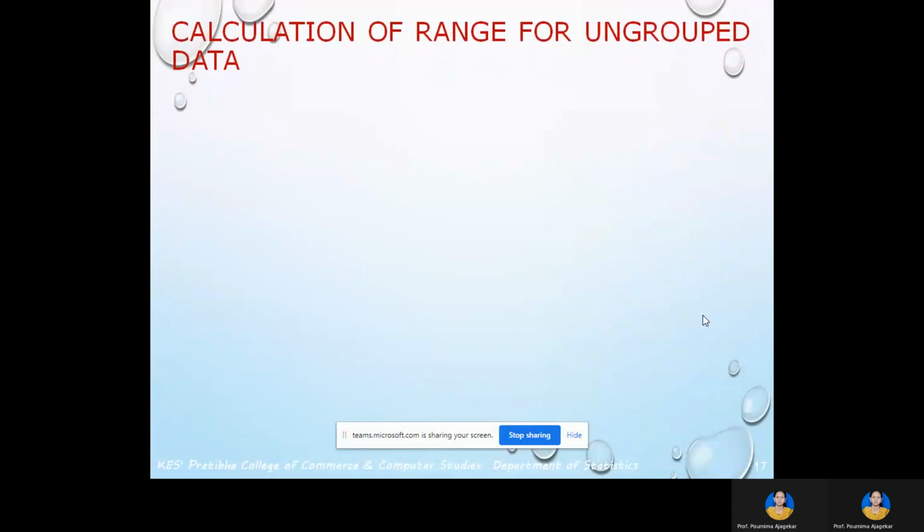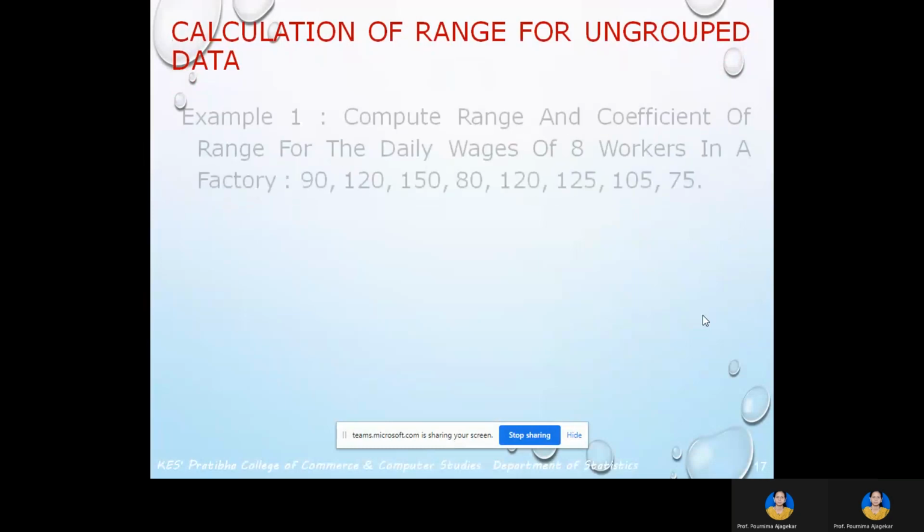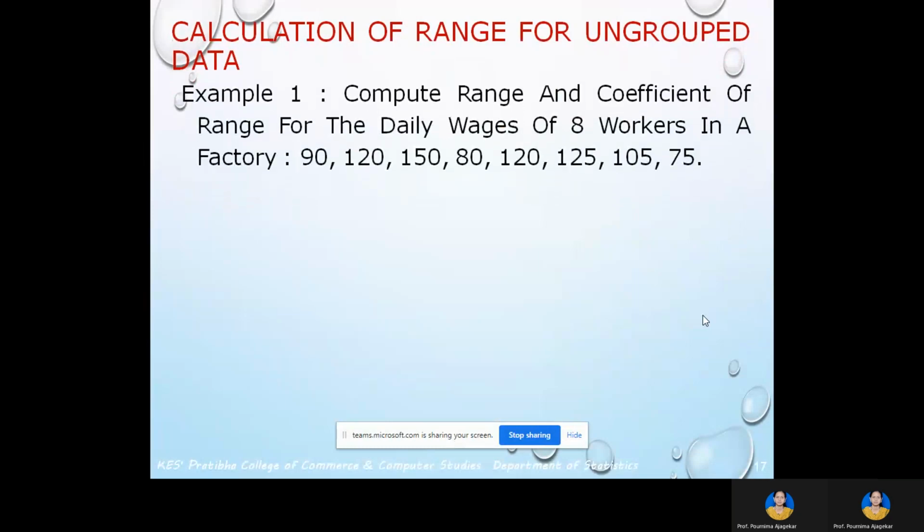Now we will see how to calculate this range for different types of data. Firstly, we will calculate the range for ungrouped data. So consider the example. Compute range and coefficient of range for the daily wages of 8 workers in a factory. So we have given the daily wages of 8 workers, and for this data, we have to compute the range.